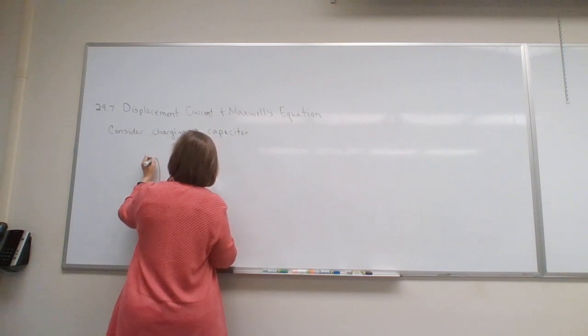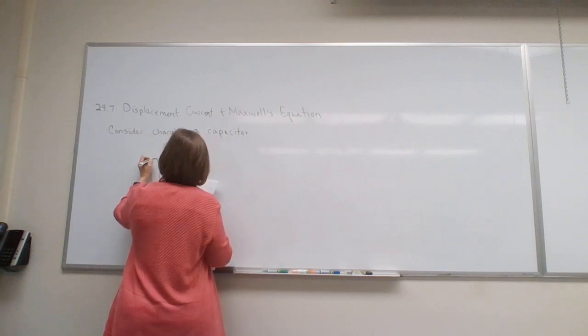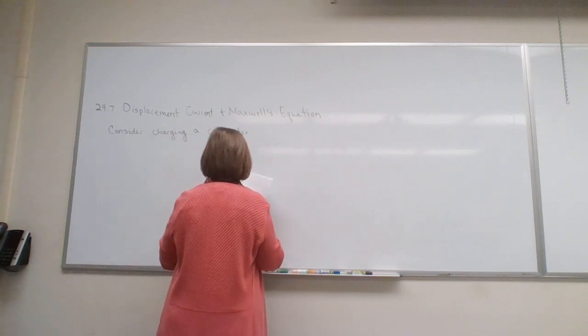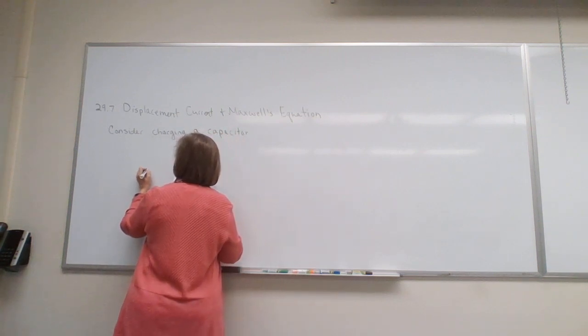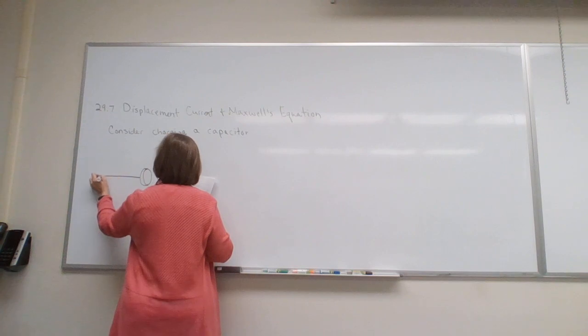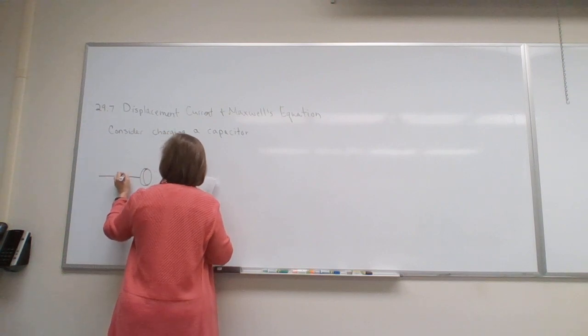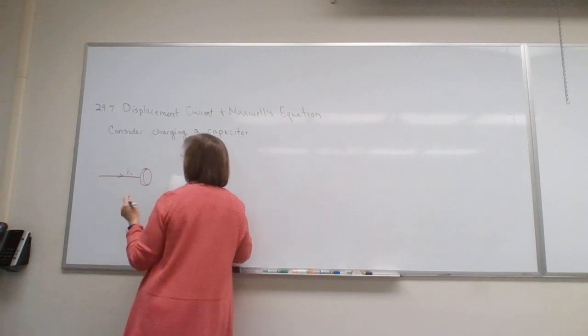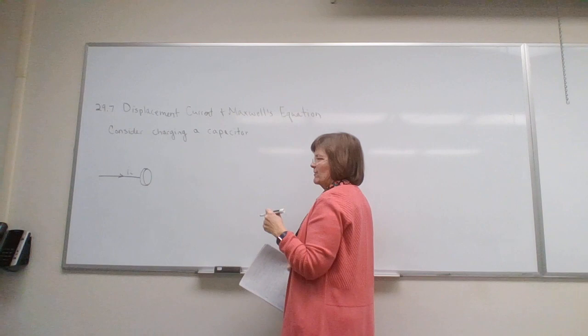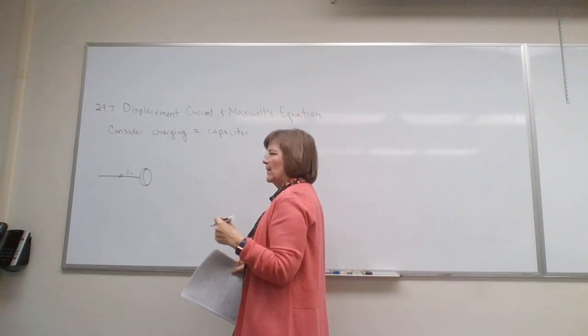Make it a little smaller. So I have a little disc. And then I have a wire. I have some current coming in. I'm going to call it IC. That lowercase i is used when you have a current that might be changing, as opposed to capital I.